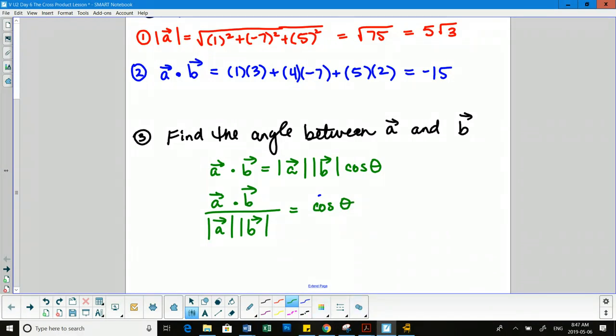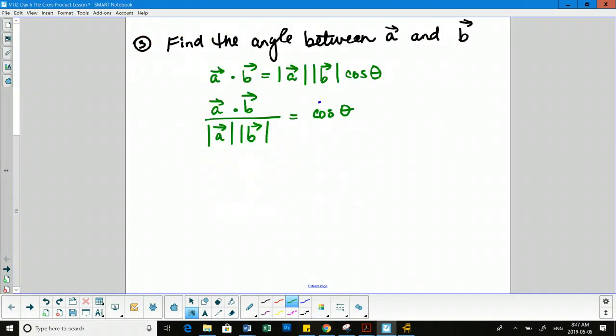Okay, so A dot B we actually already have from part 2. It's negative 15. Magnitude of A we have from the first part here. Since we're taking the cos inverse of this anyways, you can write root 75 or you can write 5 root 3. It doesn't really matter. And then what'd you guys get for your magnitude of B? Square root of 29.